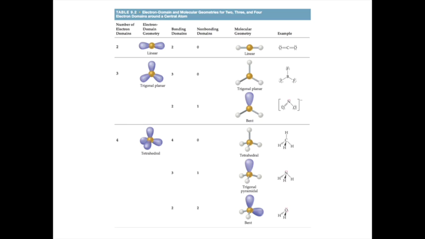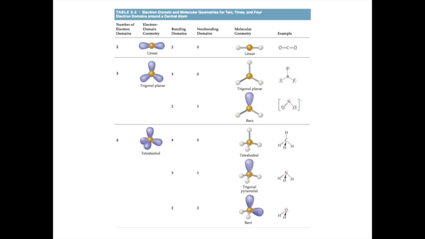So when we're determining the electron domain geometry and the molecular geometry, keep in mind that if you have no non-bonding domains, then your electron domain geometry and your molecular geometry are going to be the same. So let's look at all of these examples. If you have 2 electron domains, the shape is automatically going to be linear. Now, in this example of CO2, notice you have 2 bonding domains and no non-bonding domains. Therefore, the molecular geometry is also going to be linear.